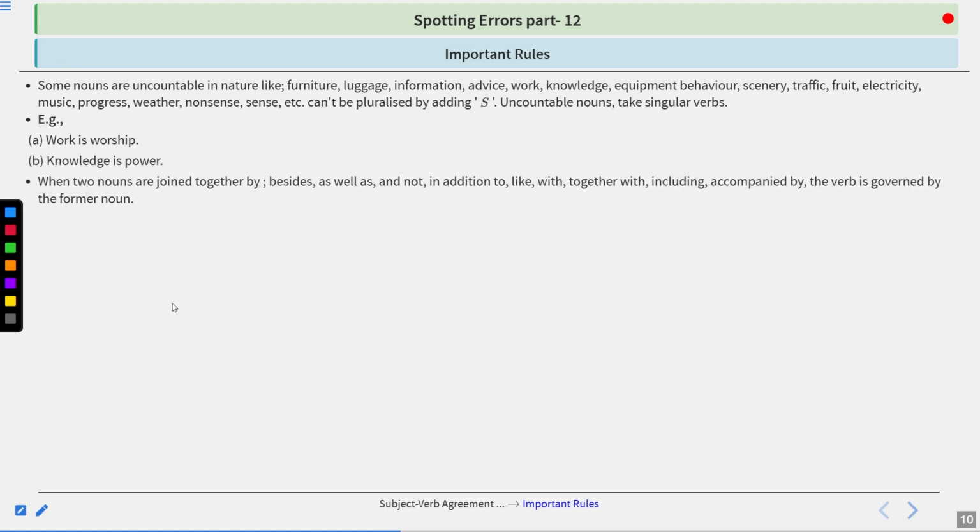When two nouns are joined together by besides, as well as, and not, in addition to, like, with, together with, including, accompanied by, the verb is governed by the former noun. So when two subjects are joined by besides, as well as, etc., you have to use the verb according to the former noun, not the latter one.